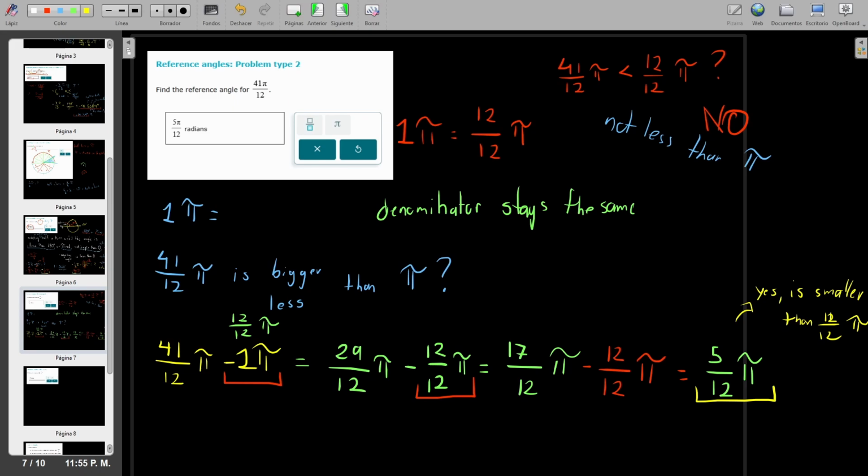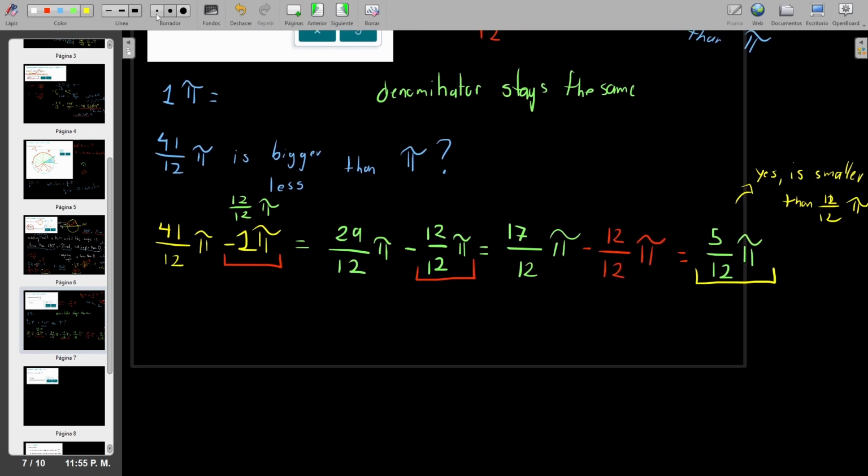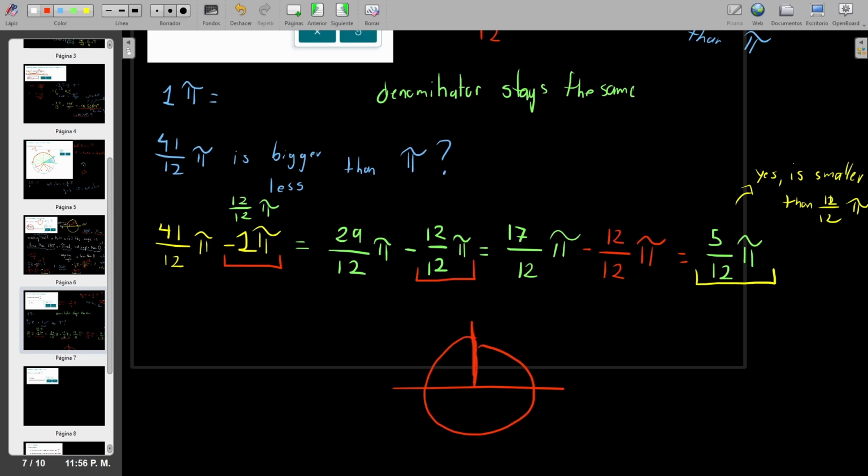Now we need to know if it is bigger or less than half a circle. Remember, we can put this as 90 degrees. 90 degrees will be 6 twelfths of pi, or 1 half of pi. Why? Because this part will be pi, this part will be 0.